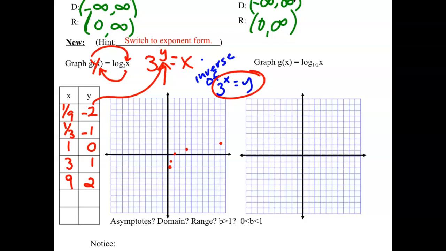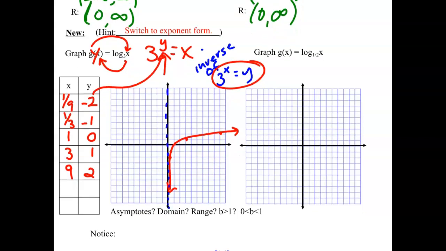So we are coming up along the y-axis and curving off to the right. So my asymptote would have what equation? Yep, so this time x equals 0 will be the vertical asymptote.